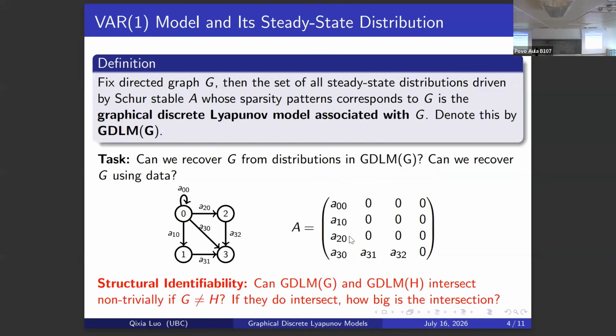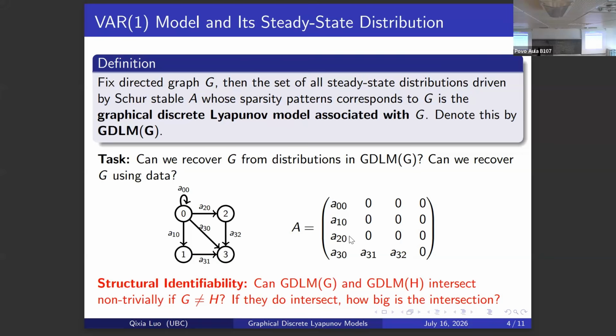Okay, and the problem of structural identifiability can be formulated as the question of whether or not GDL(G) and GDL(H) can intersect non-trivially when G is not equal to H. If this were not true, then we would have global identifiability, which means that given a distribution from GDL(G), it can only arise from the graph G. But maybe this is too optimistic, so we also ask the question: maybe they do intersect, how big is this intersection?